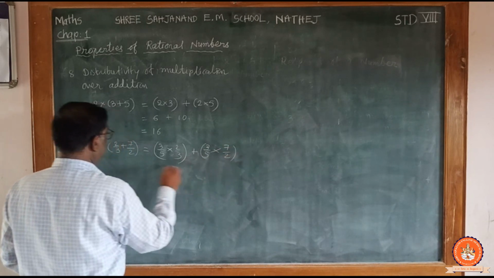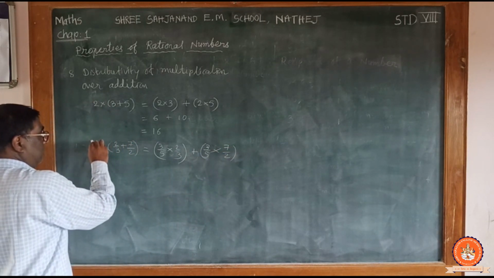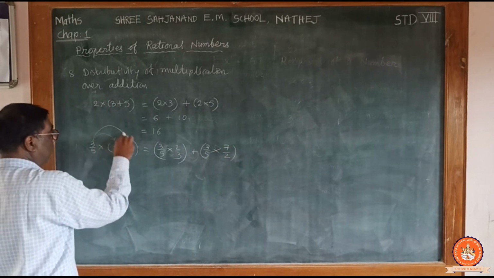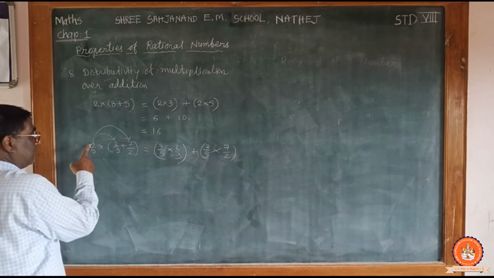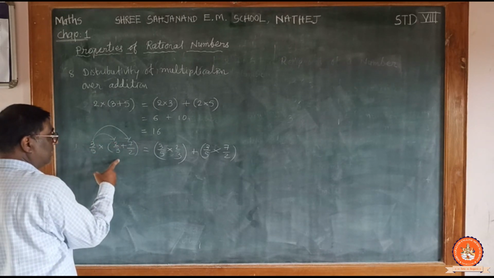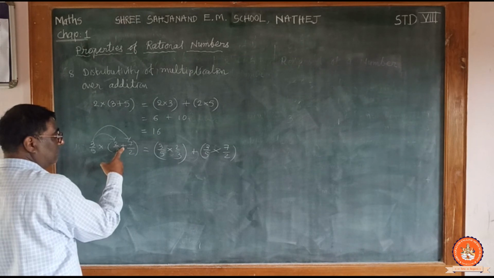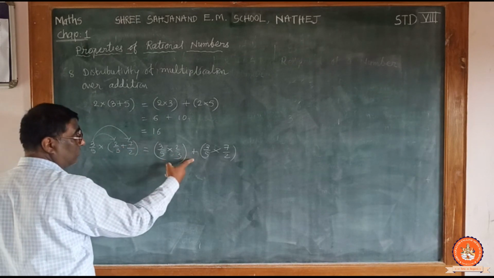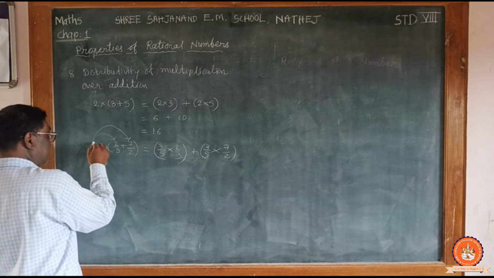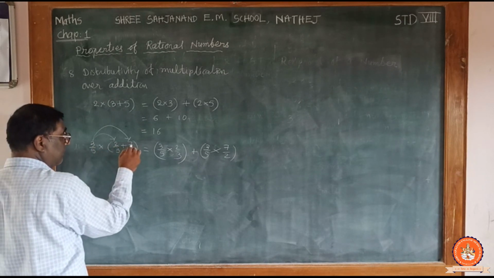So this number is multiplied to both. First time 3 by 5 into 2 by 3, and the addition sign will be here outside the bracket, and second time 3 by 5 into 7 by 2.